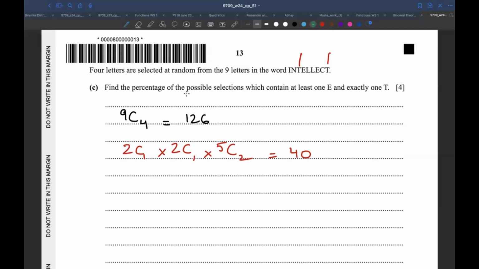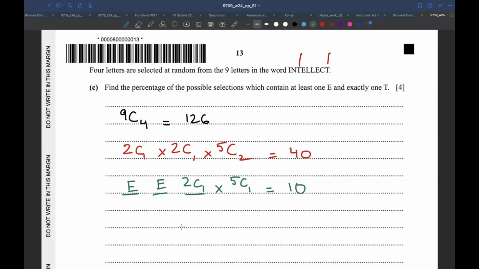And now, as we have two E's, because it said at least one E, the two E's are over here. Out of the two T's, I can put any one T over here, and this last spot will be chosen from any of the remaining 5 letters. So this will become 5 multiplied by 2, which equals 10.